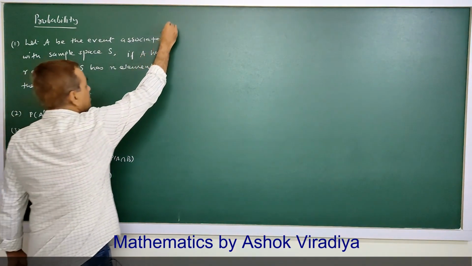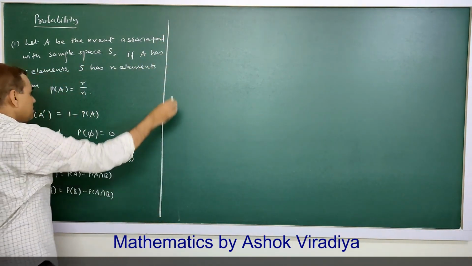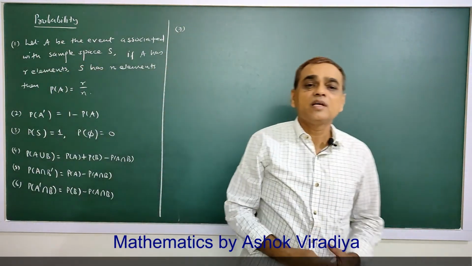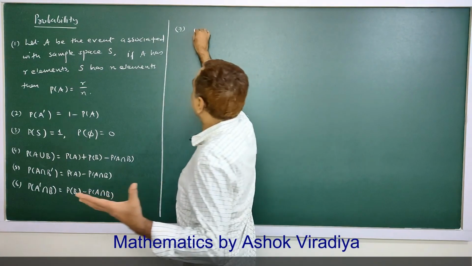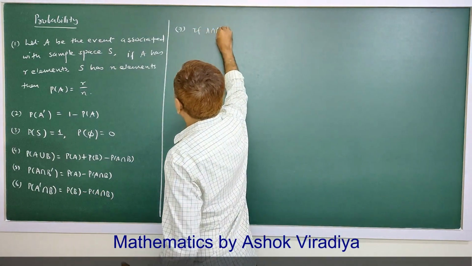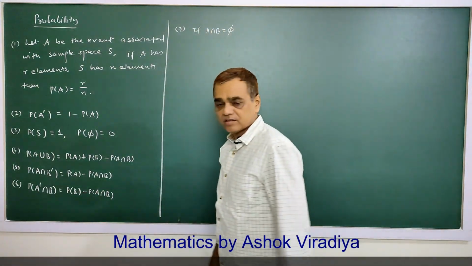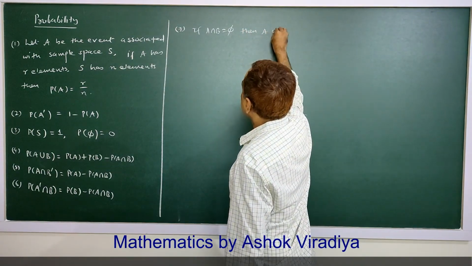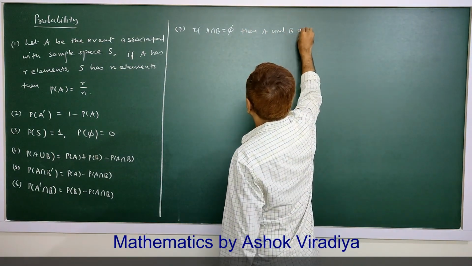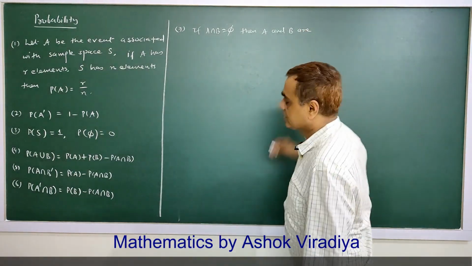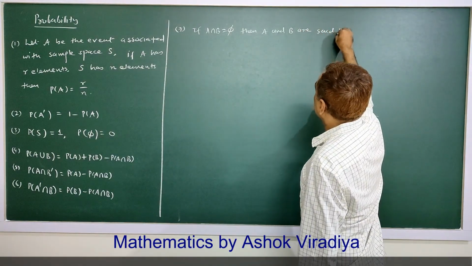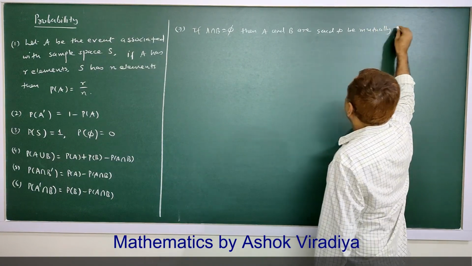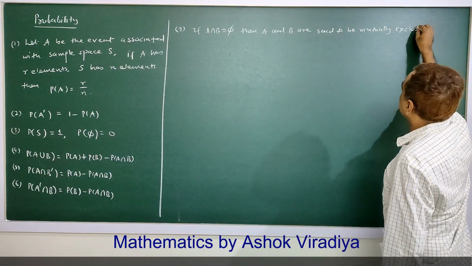Then if intersection of two events is empty, then A and B are said to be mutually exclusive events.